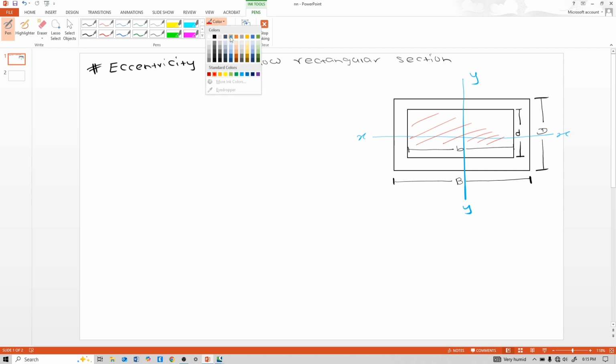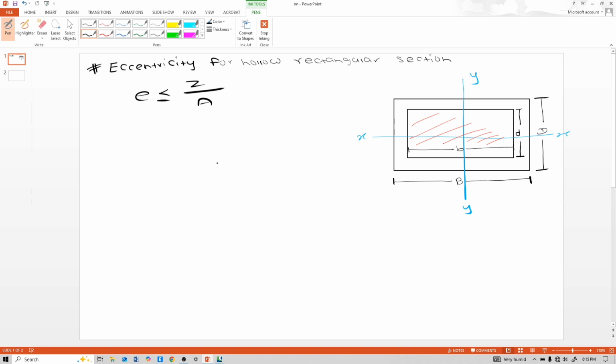How to find the eccentricity for this hollow rectangular section? The eccentricity is where the tensile stress is 0, so we use our zero-tension eccentricity equation: e should be less than or equal to Z by A.